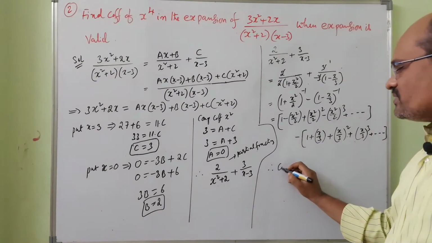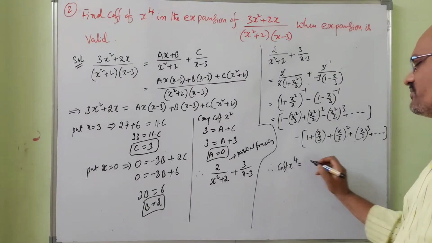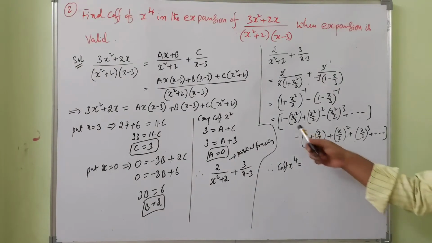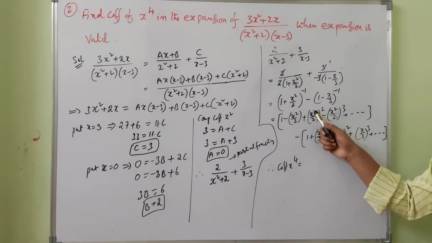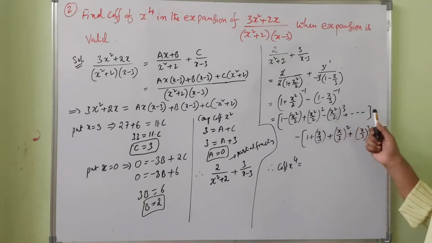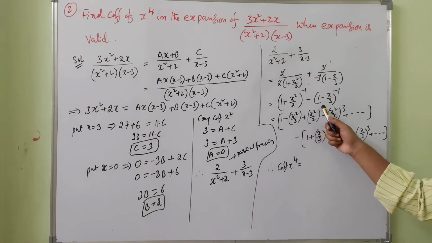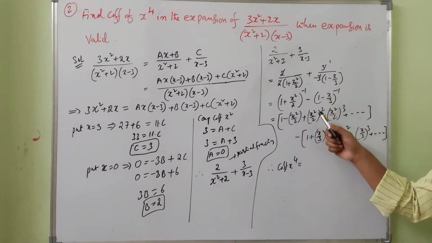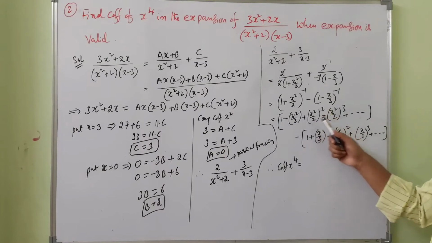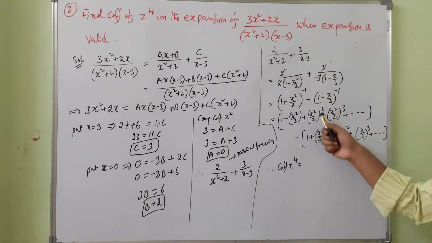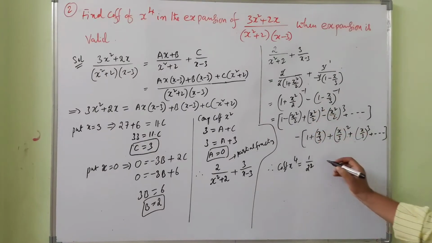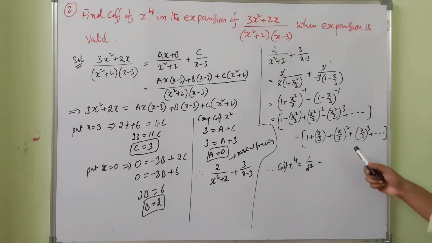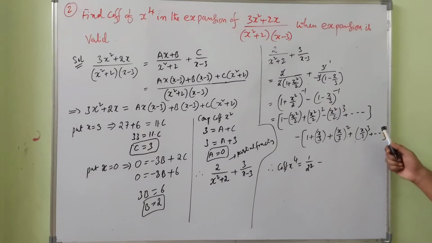Now you can write comfortably coefficient of x power 4. Students, observe here, x square whole square is x power 4, this is x power 6. Here x power 4 term having x power 4 is x power 4 by 2 square is 4. So coefficient of x power 4 here is 1 by 2 square, minus here x power 4 term will be next term, x by 3 whole power 4.